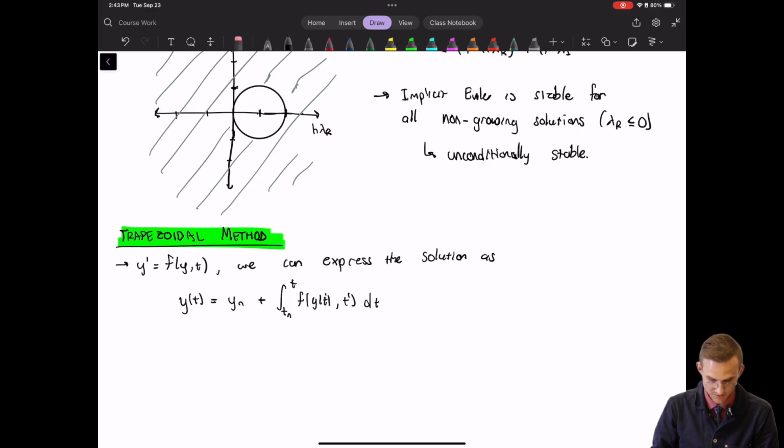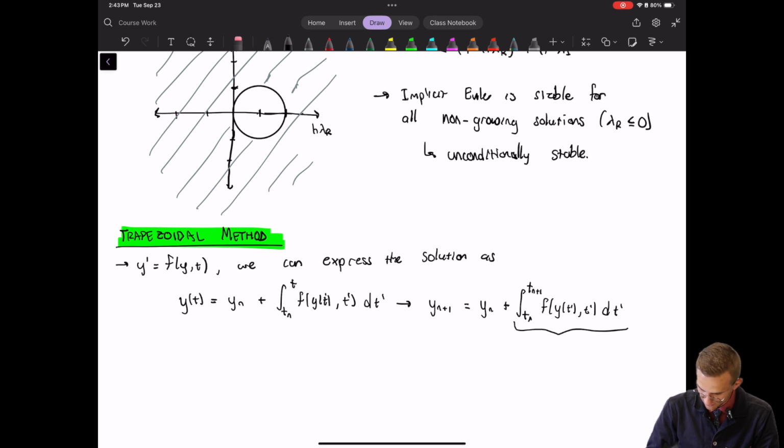We're going to make that the integration variable, which leads to yn plus 1 is equal to yn plus the integral from tn to tn plus 1 of f of y of t prime and t prime dt prime. Okay, and then we can approximate this however we like.